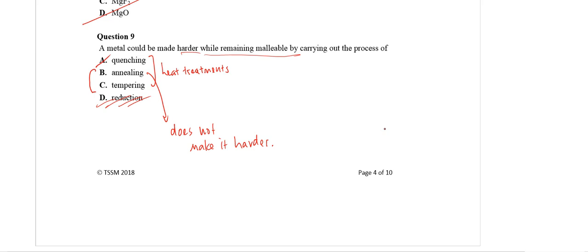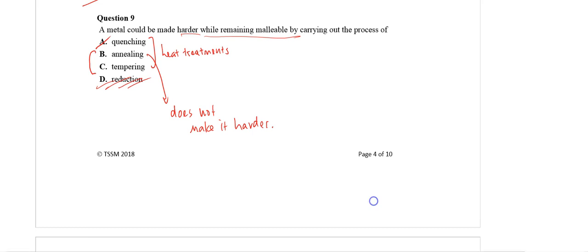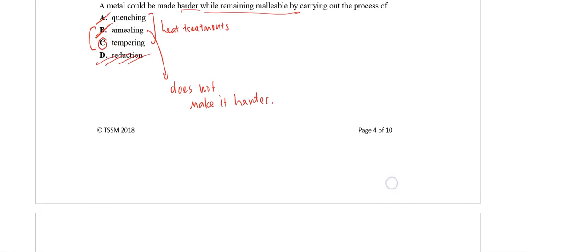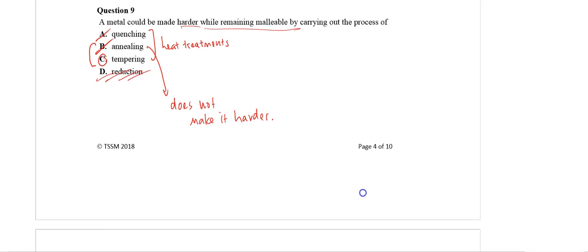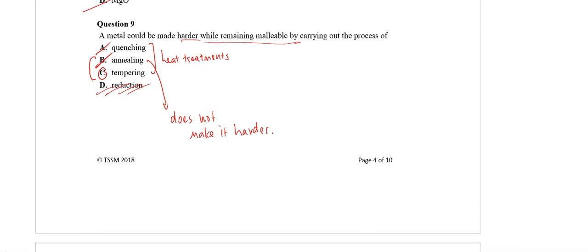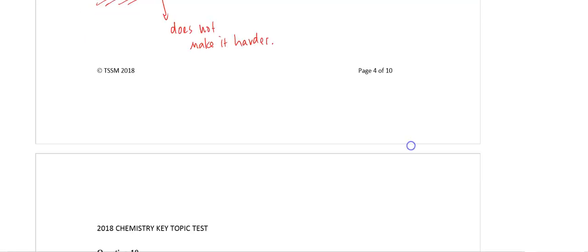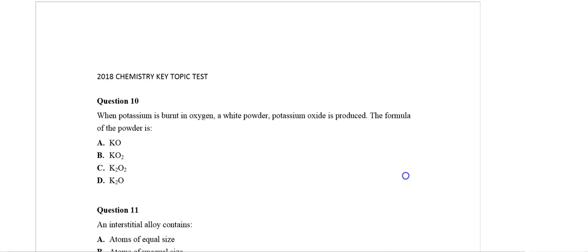It's usually the first step in the heat treatment process so that we can do further work to the metal. So annealing is not the right one. Tempering is the right one. In fact, I was saying that you were annealing your pins when you were heating them and then moving them away from the flame. I think that's more like tempering, when you heat it and then cool it down slowly by letting it cool in air.